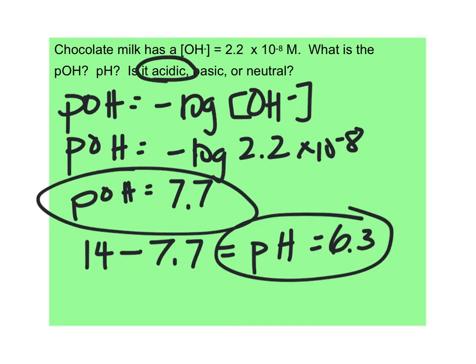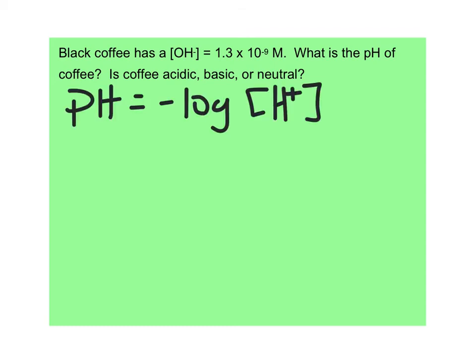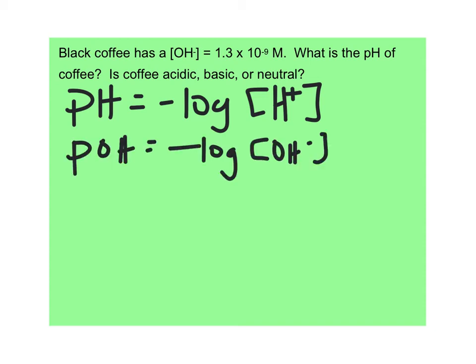And finally, black coffee has a hydroxide ion concentration of 1.3 times 10 to the negative 9th molar. We want the pH and to know if it's acidic, basic, or neutral. pH is the negative log of the hydrogen ion concentration, which we do not have. However, with the hydroxide ion concentration, we can calculate pOH and then subtract from 14 to get the pH.